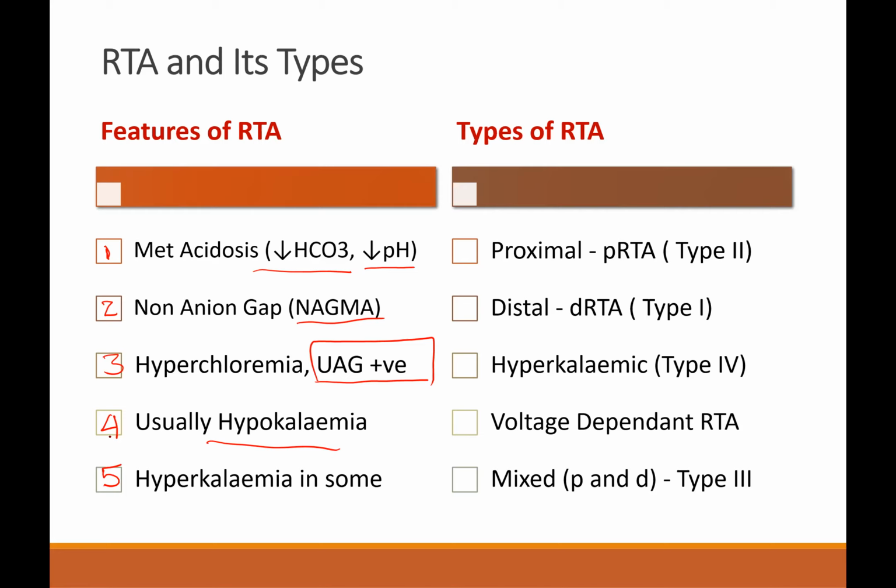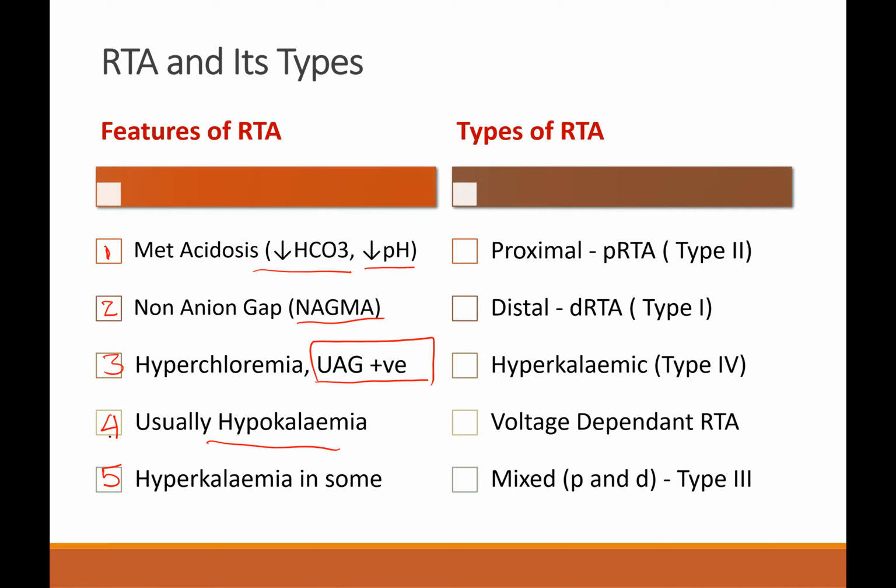Understand? The features of RTA: renal tubular acidosis is a form of metabolic acidosis. The culprit organ is the kidney. Metabolic acidosis is characterized by decrease in the bicarbonate, decrease in the pH, and consequent decrease in the carbon dioxide, which we are not looking at because we are looking at the primary variable only. We are not looking at the secondary variable.